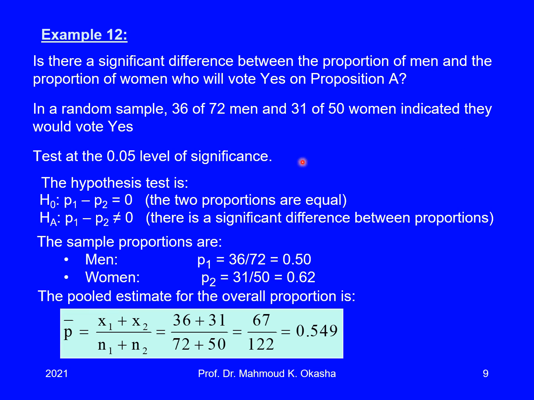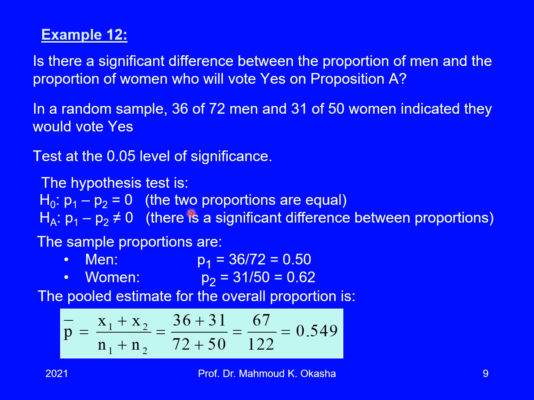Who will vote yes? Then test at the 5% level of significance. For this hypothesis, the null hypothesis is P1 minus P2 equals 0. That's a two-tailed hypothesis. So the alternative hypothesis is P1 minus P2 does not equal 0.